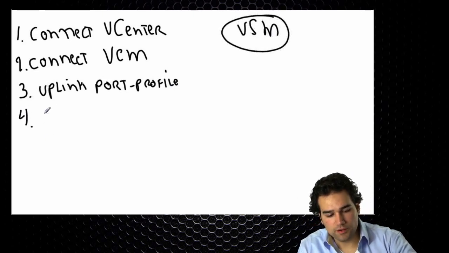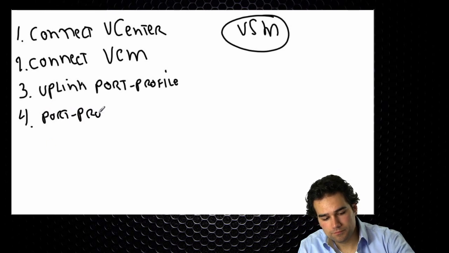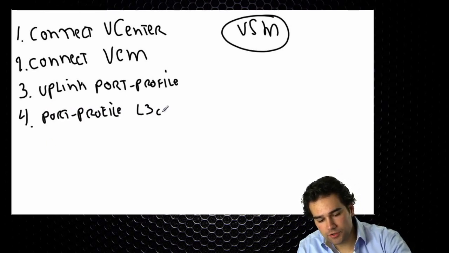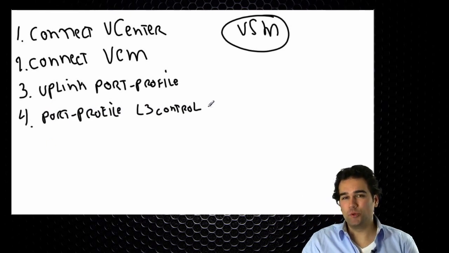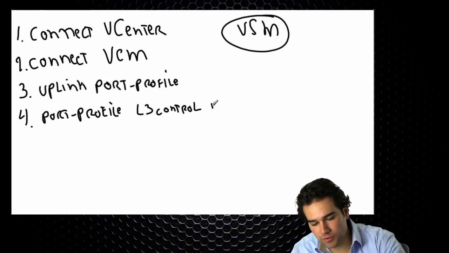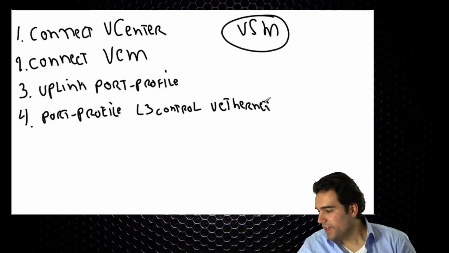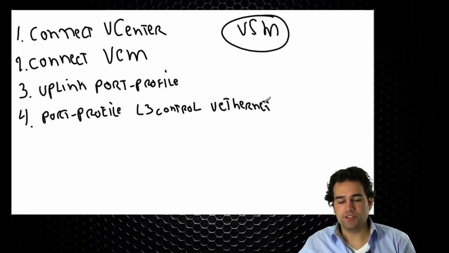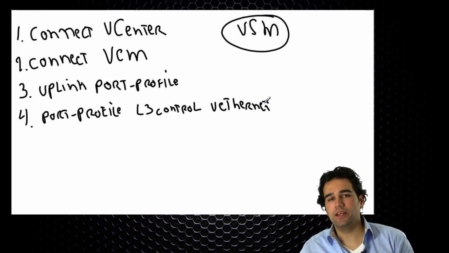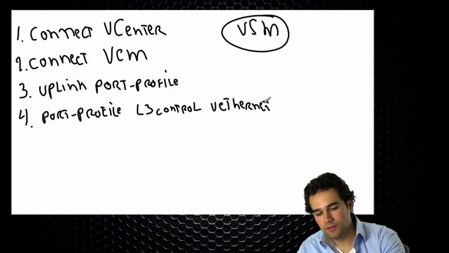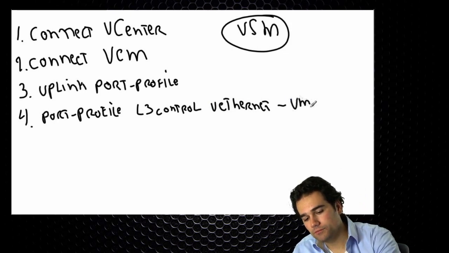The fourth one is that I need a port profile for my layer 3 control traffic. That is a special port profile, a virtual port profile, so vEthernet. And the only connection that can be inside that layer 3 control port profile is that VM kernel port.